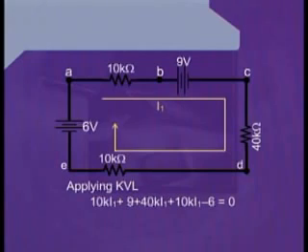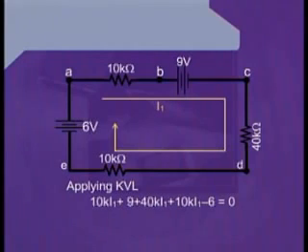Therefore, we consider that the terminal of the resistance which is near to the point D is marked as positive. Hence, we can write 10K into I1. After writing this term as well, we pass through the 10 kilo ohm resistance to reach the point E. Once we reach the point E, we will be pointing towards the point A. As we are looking towards the point A, we encounter a negative sign, as the point E has been directly attached to the 6-volt battery.